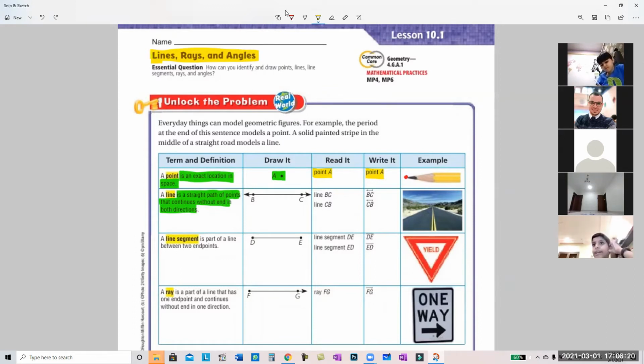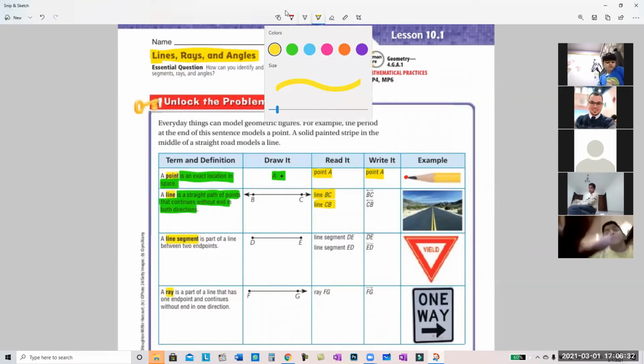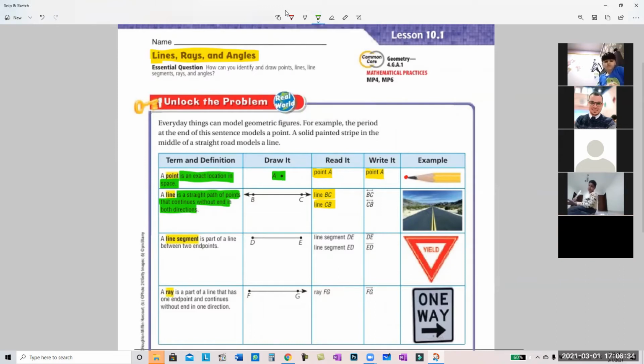Okay, and the next one, how can we read it? We can read it like line BC or line CB. We can read it in two ways, BC or CB. And we can write it like that, BC, and we have a small figure above it.